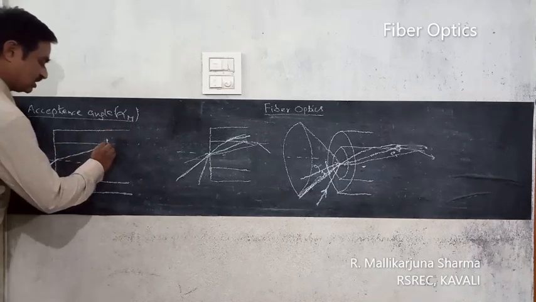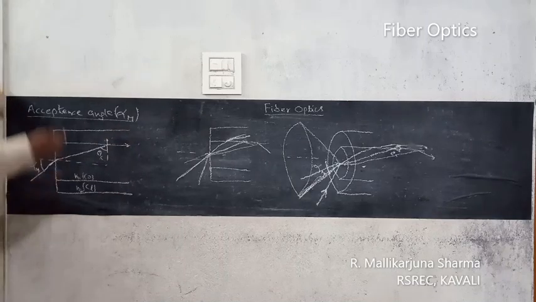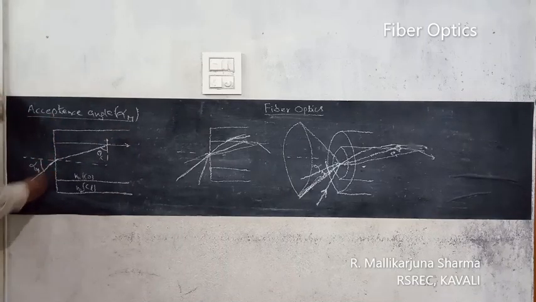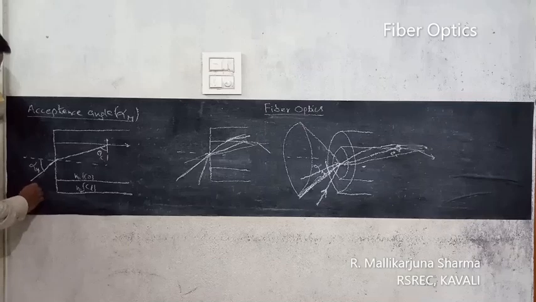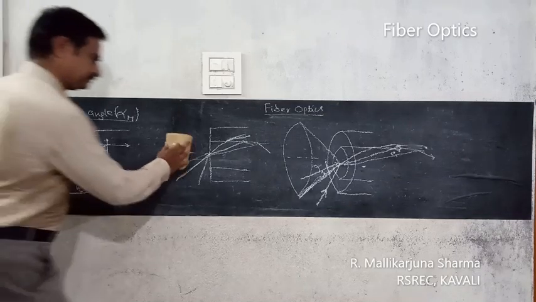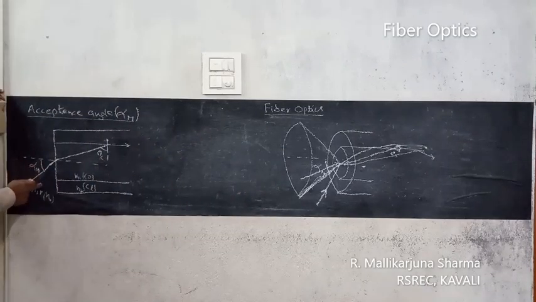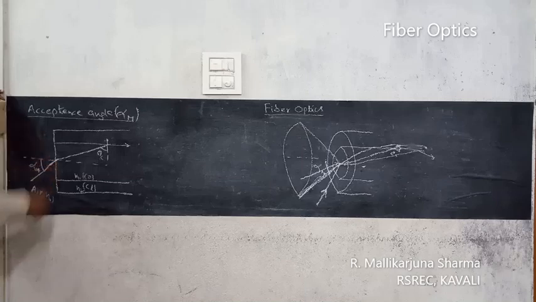We are just drawing that structure. Now, generally we take the refractive index of the launching medium as n0. Then, by using Snell's law, this is the launching medium, this is the core medium.